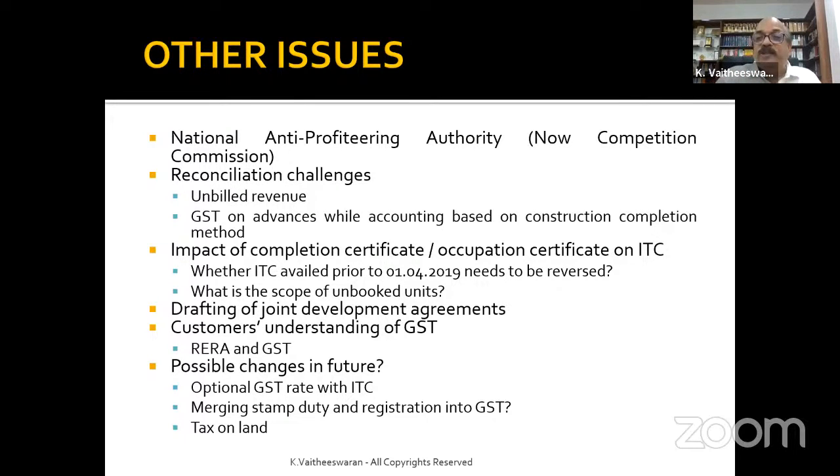In my computation, through accounting entries, the GST which is paid to the vendor is not forming part of my cost. It goes and sits in a GST credit account. It is available for set off when I have GST liability. So what is the real benefit of ITC? In my view, the real benefit of ITC is not the entire amount of ITC, but the cash flow benefit or the savings in interest cost that I get.